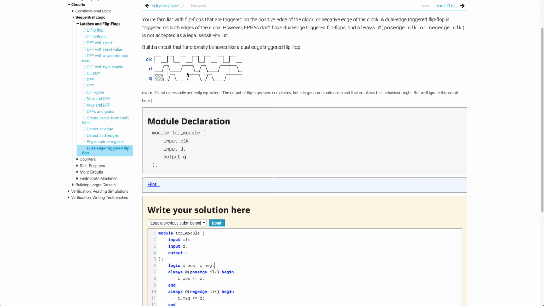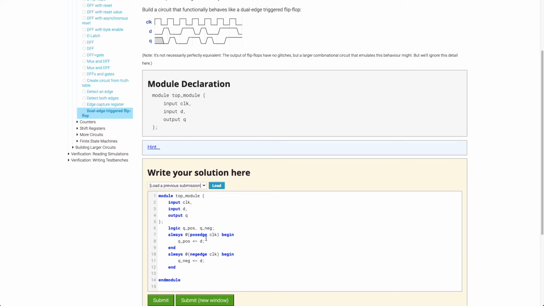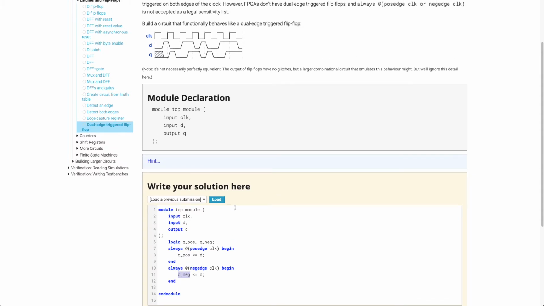Because if this deasserts in the middle and one needs to deassert, so one of these two always has the most updated information.